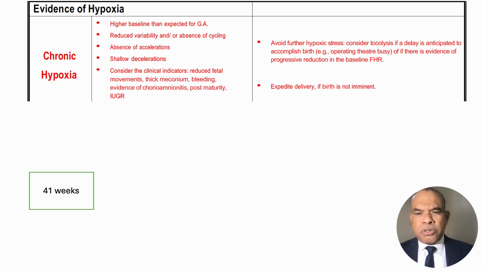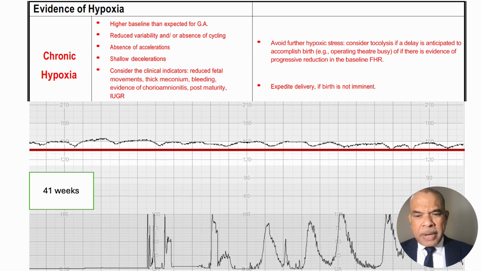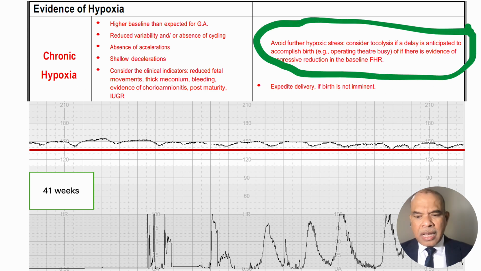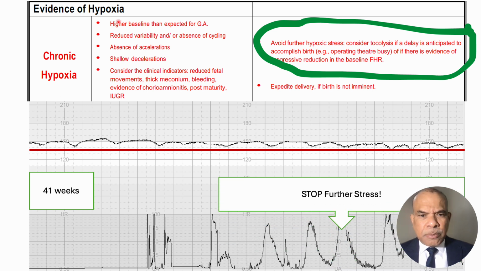Now let's go to chronic hypoxia. Chronic hypoxia at 41 weeks, if you get a CTG like this, you would expect the baseline to be less than 140. So here the baseline is higher than expected. So you can see what the guideline tells you: the higher than expected baseline for gestational age, reduced variability and absence of cycling, absence of accelerations, and these shallow decelerations.